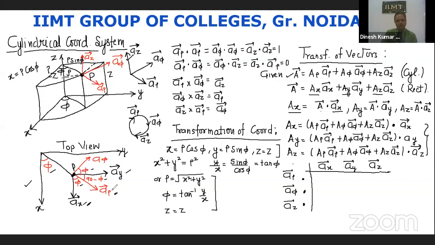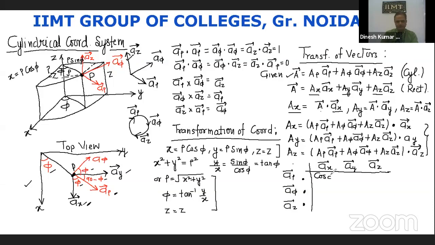Now the dot product of two vectors is simply the cosine of the angle between them and their magnitude, because we are talking about unit vectors, so their magnitude is unity. So what remains is that the dot product of two unit vectors is simply the cosine of the angle between them, and here the angle between them is phi. So ax dot a rho or a rho dot ax is simply cos phi.